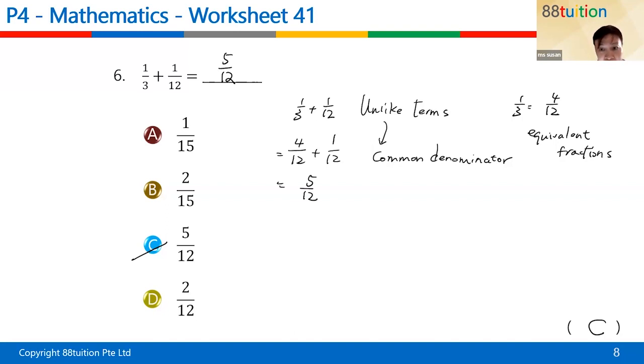Let's take a look at question 7, because for question 5, I saw Hao Xuan, why did you get 2 over 15? 5/12. I think my finger pressed wrongly.